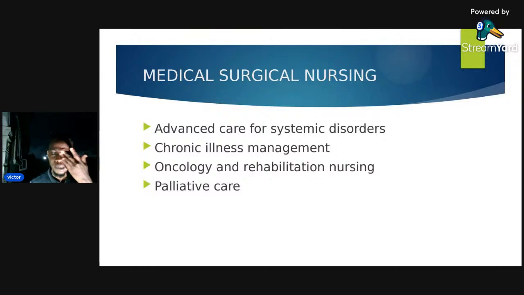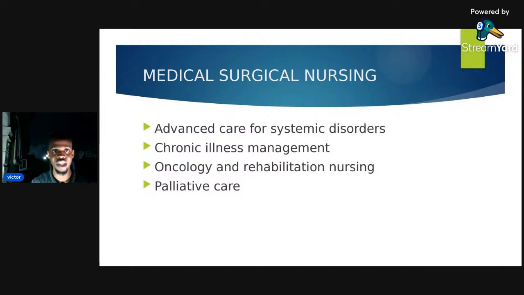Then when you talk about palliative care, it is the care that is given to an individual either in the home or in the hospice hospital at their own comfort. The reason you are giving palliative care is to manage the symptoms exhibited by the condition. You are not managing to heal, you are managing to care, to ensure comfort till the time of death.